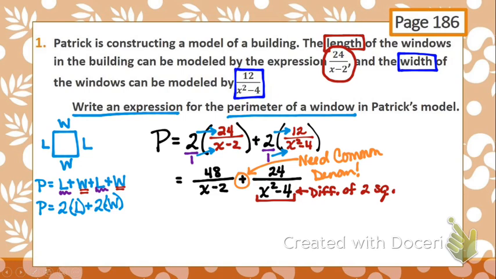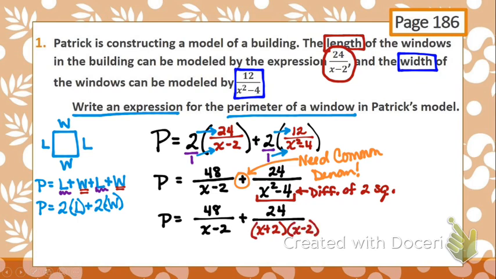So how's it going to factor then? So this factors to give me x plus 2 times x minus 2. That's how my difference of 2 squares will factor. So now I need to multiply the first fraction top and bottom by x plus 2.